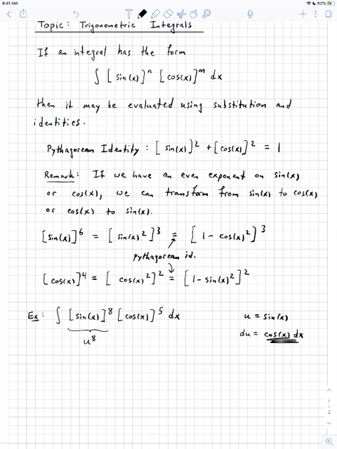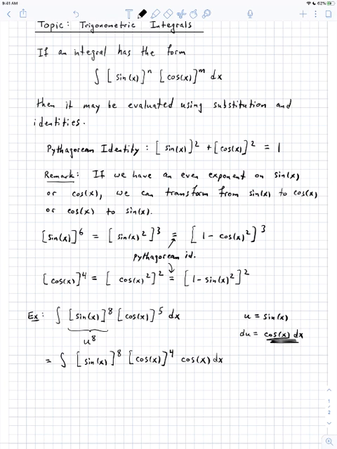So what I'm going to do is I'm just going to take one of these cosines out of the 5 and write it on its own. So we're going to have the integral of sine x raised to the 8 times cosine x. And like I said, I'm going to take away 1, so I'm going to leave 4 behind, and then I'm going to write that times cosine x dx.